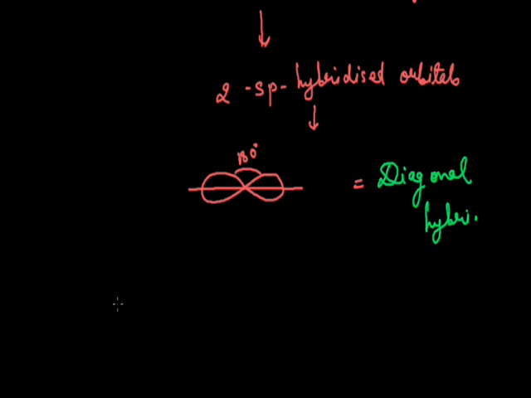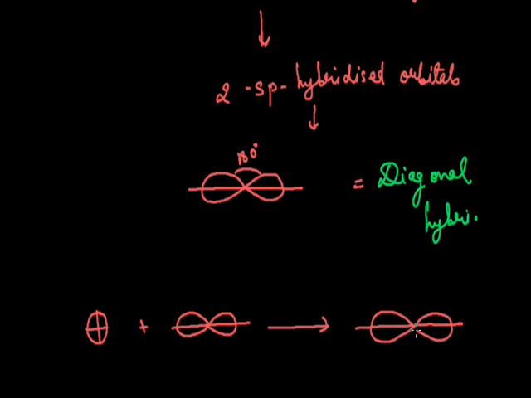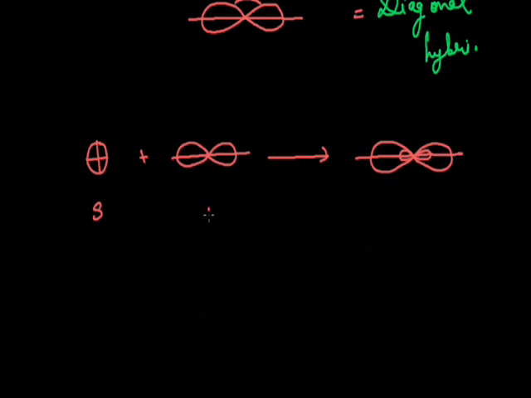The shape of the orbital is, the s orbital is combining with one of the p orbitals giving it the shape like this. This is s orbital, this is p orbital, and this is the hybridized sp orbital.